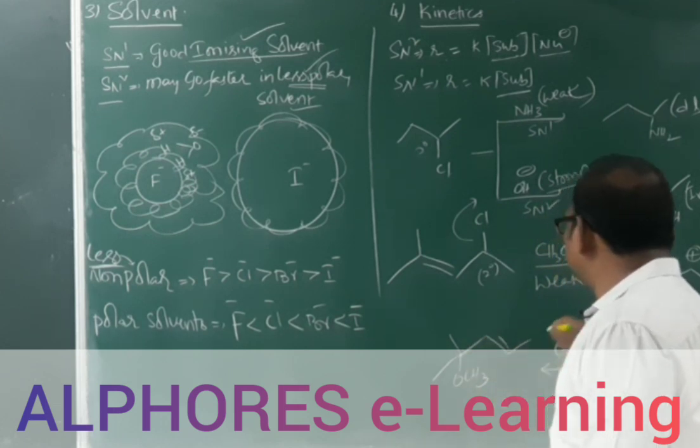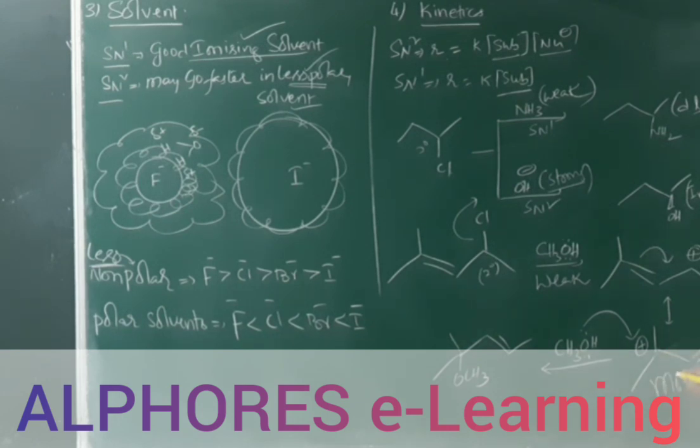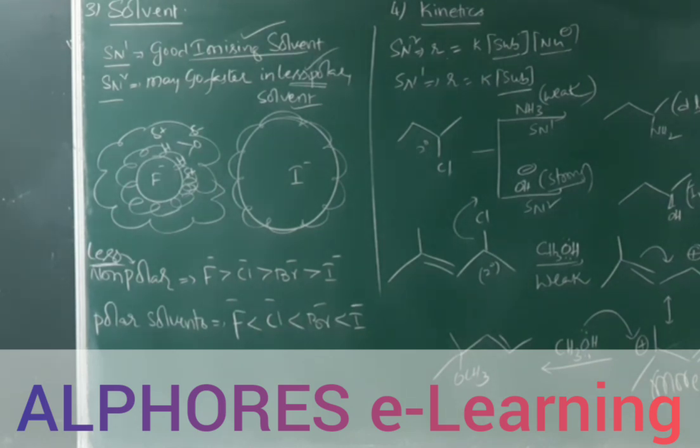The product from the other intermediate will be the minor product. From the more stable carbocation intermediate we get the major product; from the less stable intermediate we get the minor product.